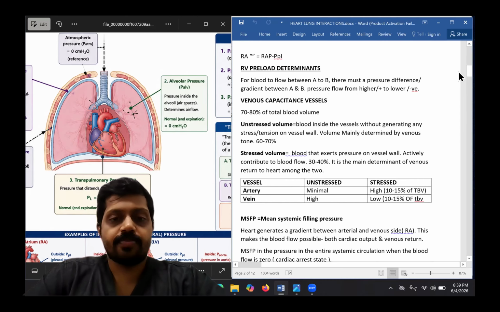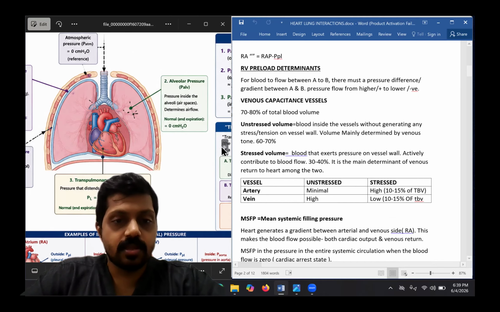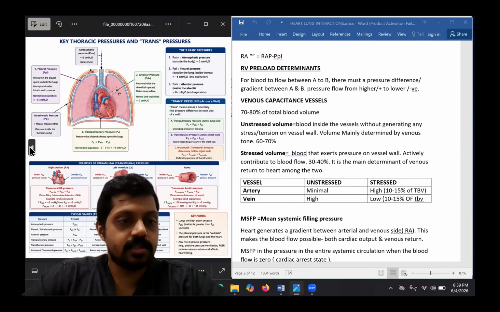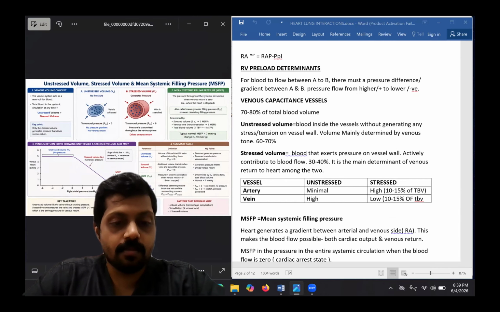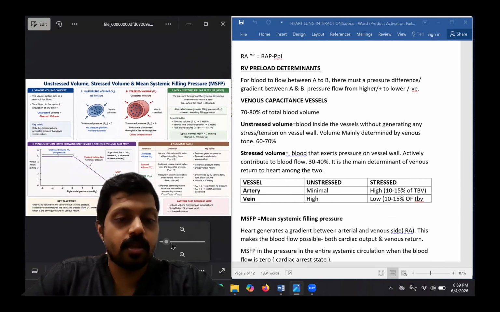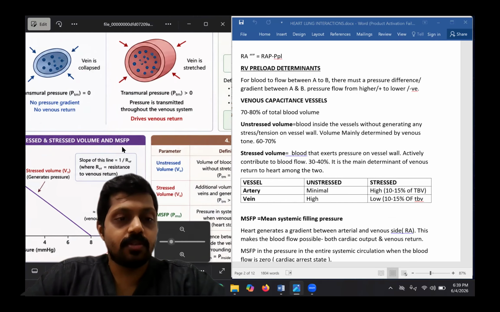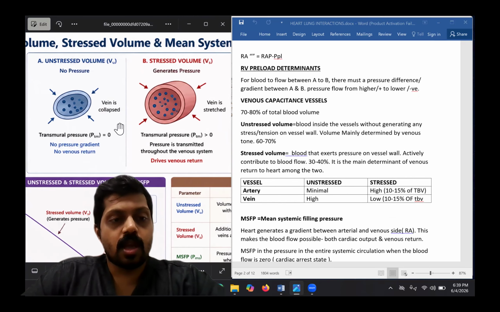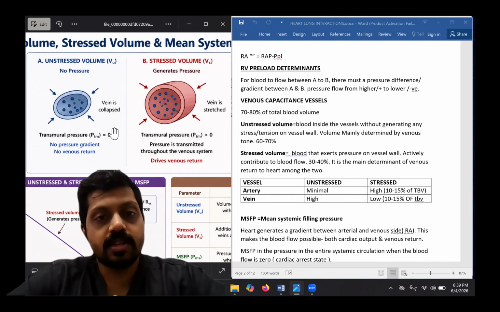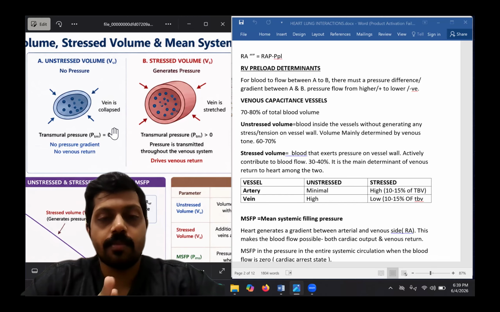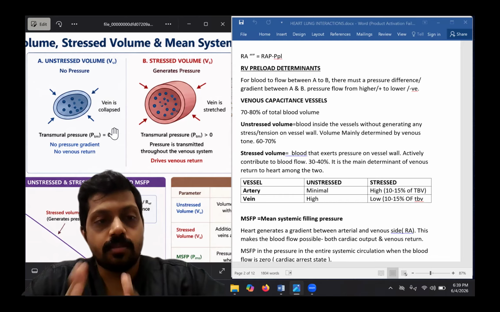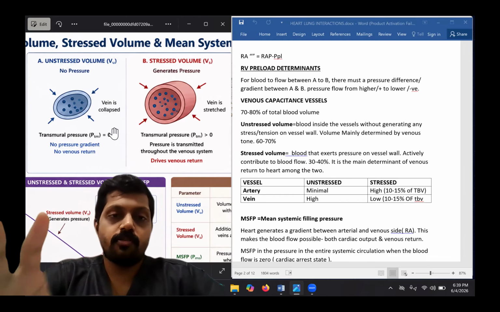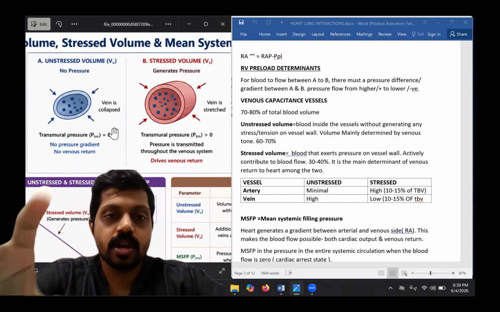You know that the venous system is a capacitance system, meaning it is highly compliant and can accommodate a large volume. About 70 to 80% of the total blood volume is in the venous system. Some amount of blood exists even when there is no cardiac output.